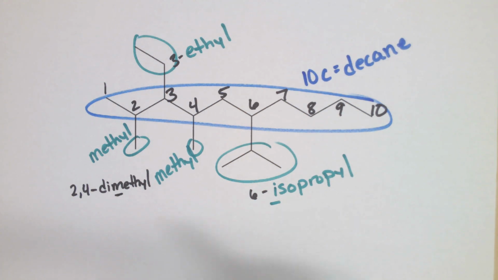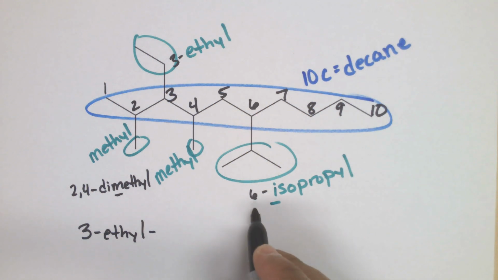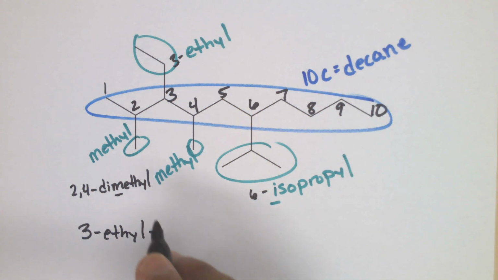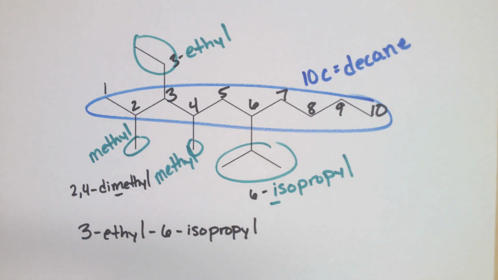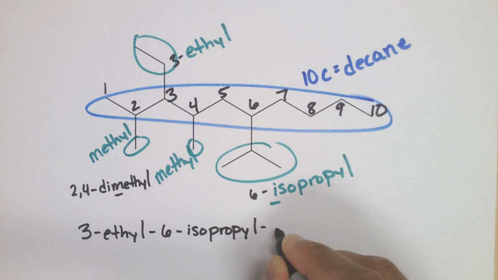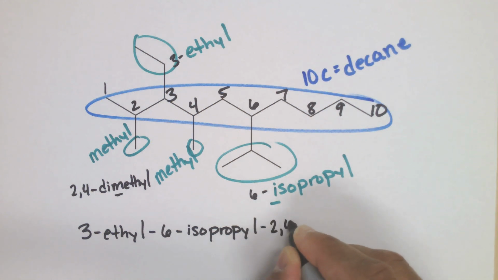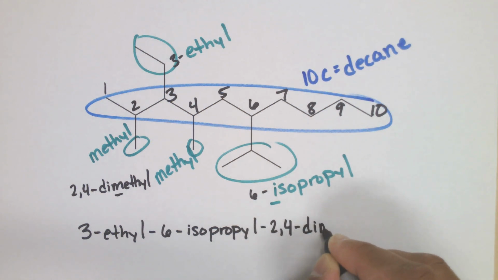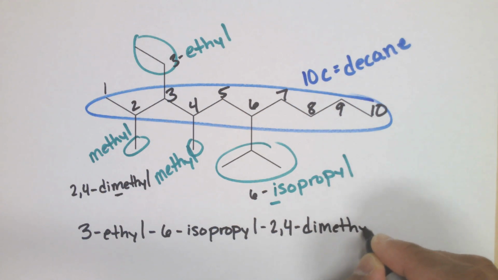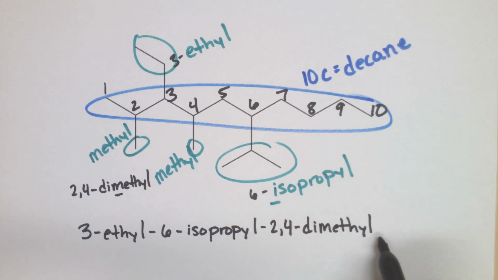So let's put this together. E would go first, 3-ethyl. I would go next, and our methyl groups would go at the end here. With no spaces, we'll add the parent.